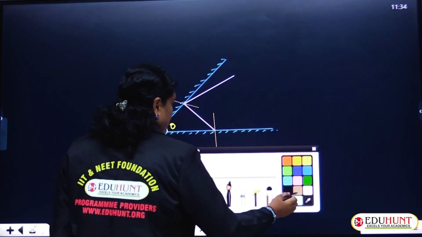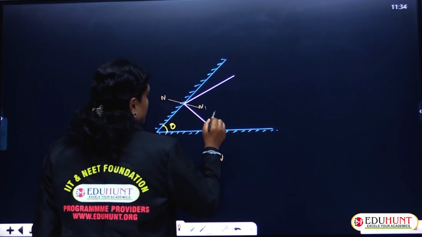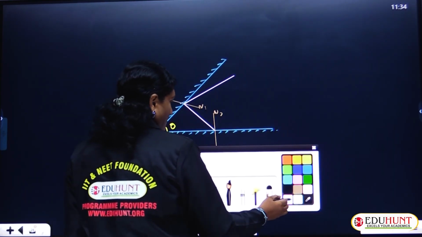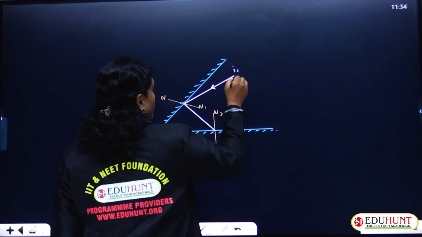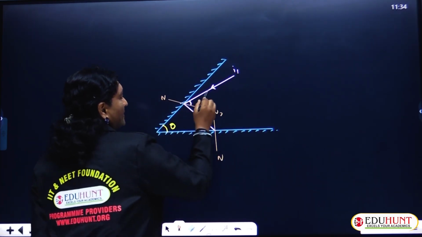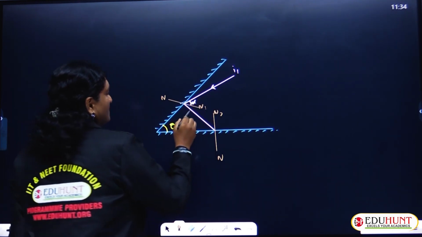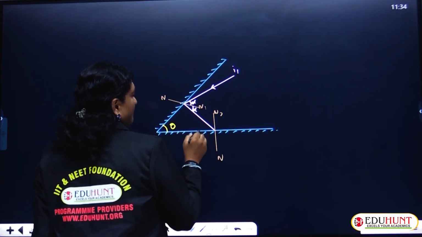Let us mark this normal as n1 and this normal as n2. Okay. First incident ray, let me name it as I1, and this is the angle made by the incident light ray with the normal, and this must be your angle of reflection, say alpha.